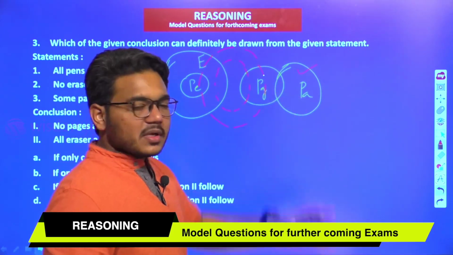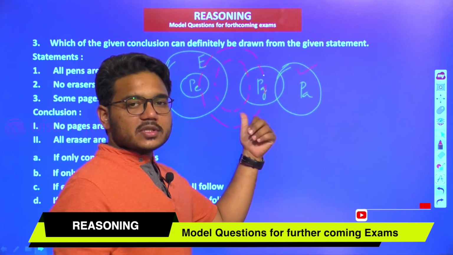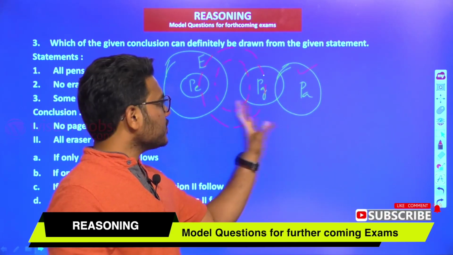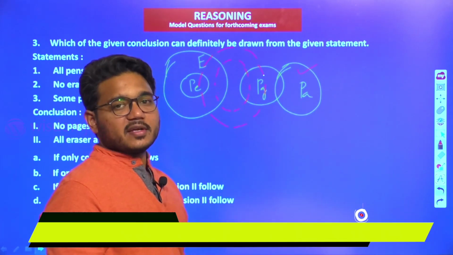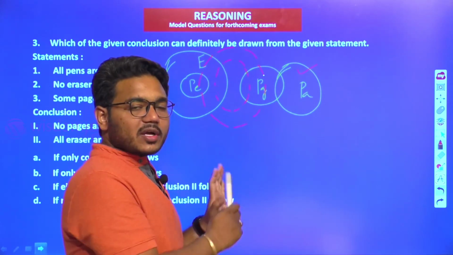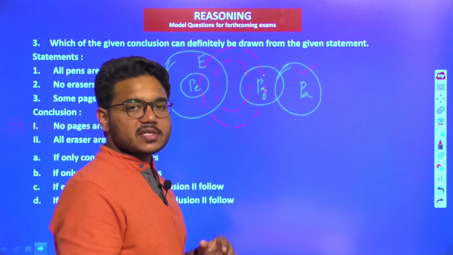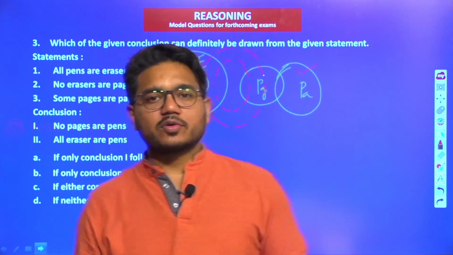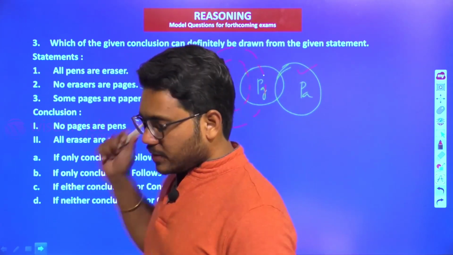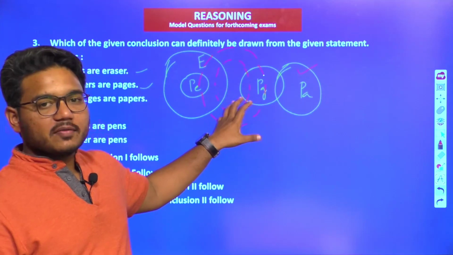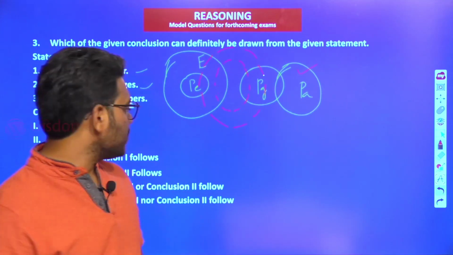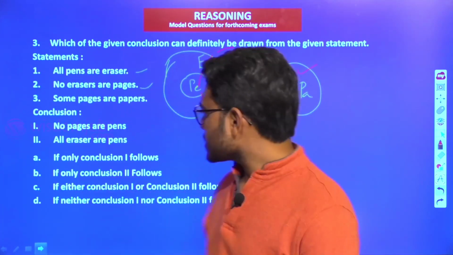So in the other color, not the dashed lines, the solid lines, whatever we have. You need to identify only, we need to draw the conclusions from these diagrams. Now check the conclusions with respect to whatever we have drawn with respect to our statements. So what would be the conclusions here? What are the conclusions given?